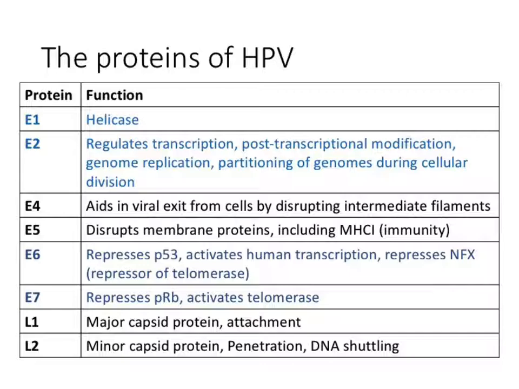And then L1 and L2 we've already talked about are our capsid proteins. E1, helicase involved in replication. E2, numerous roles. We'll talk about each of them. E6 and E7 involved in regulating the cell cycle. These are the major ones that we consider when we talk about cervical cancer.